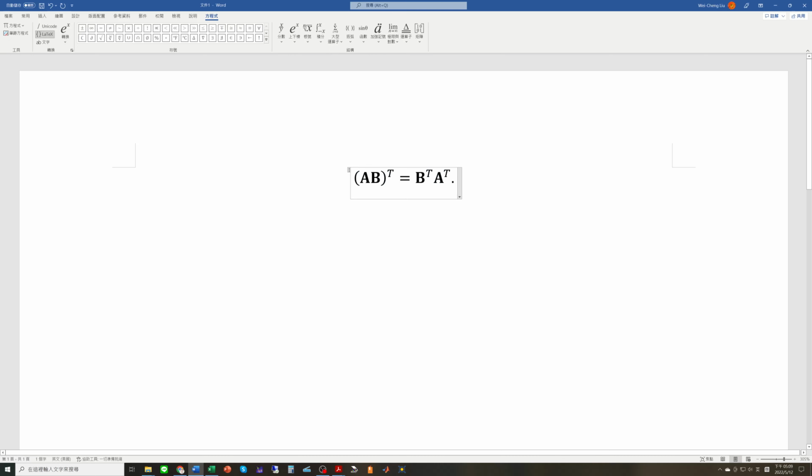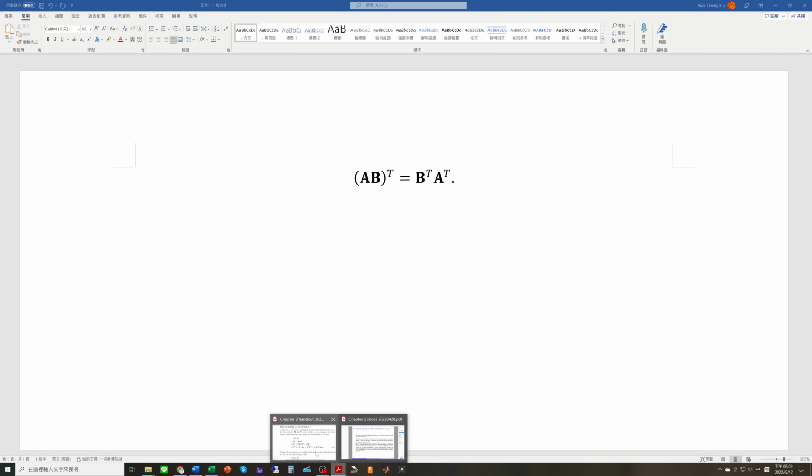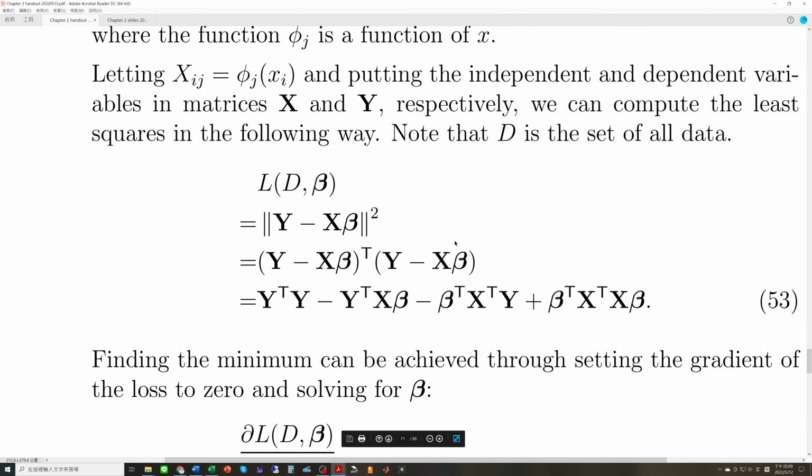I think you should have learned this equation when you took the course linear algebra. Let us go back to the handout. So X beta transposed is equal to, of course there is a minus sign before that, beta transpose times X transpose times y.